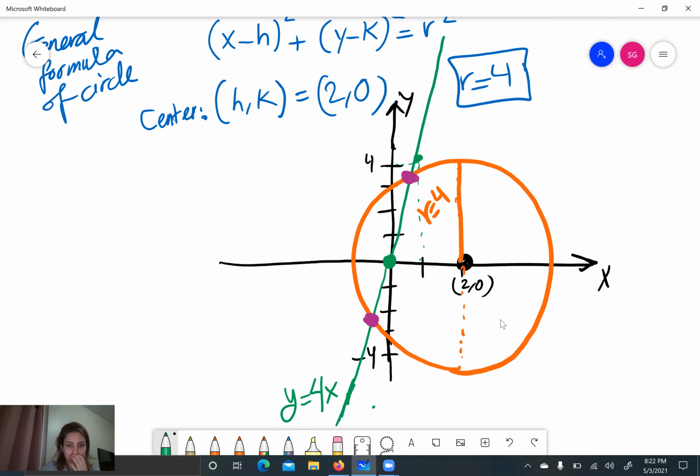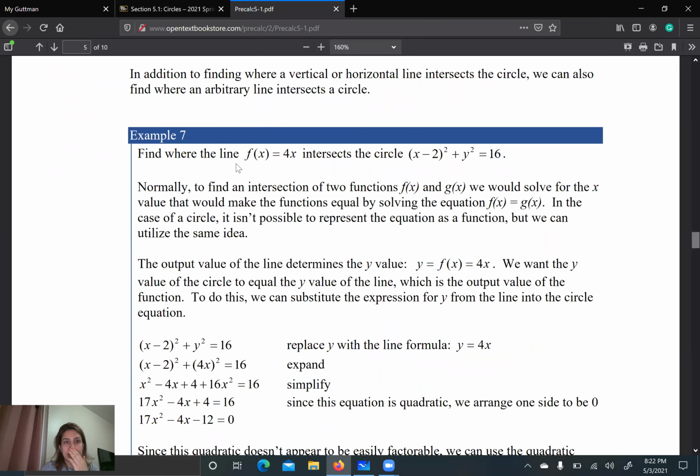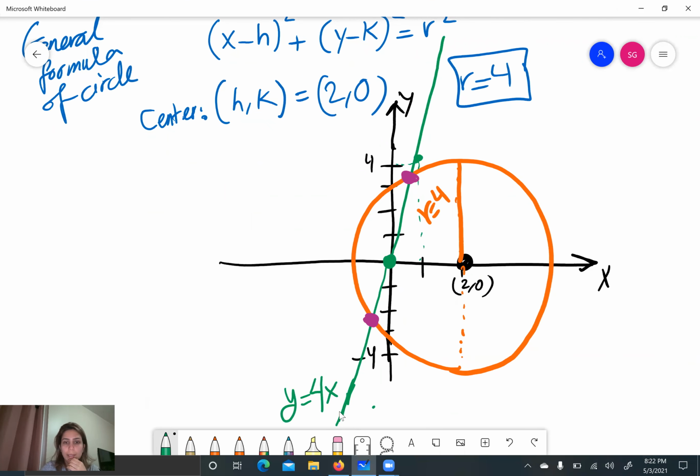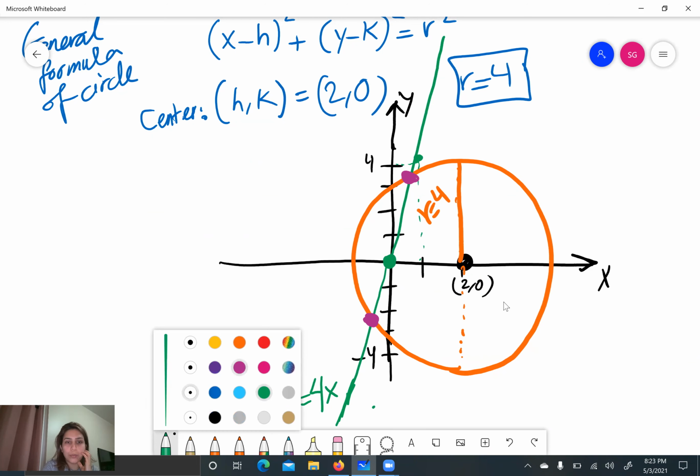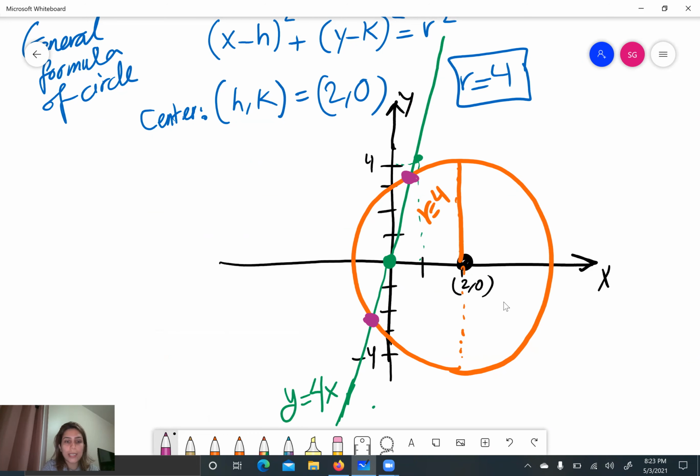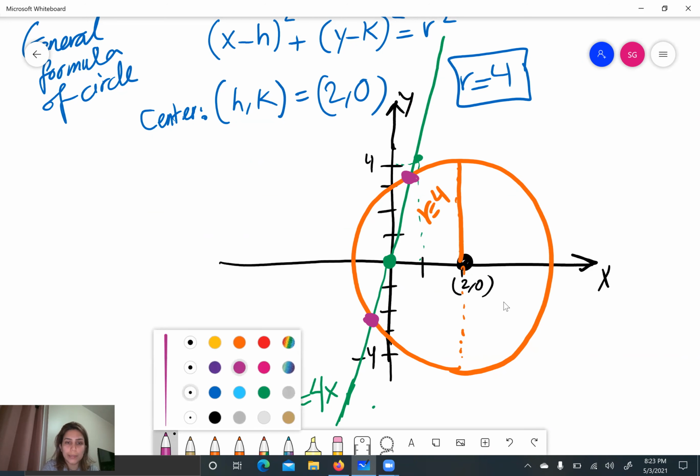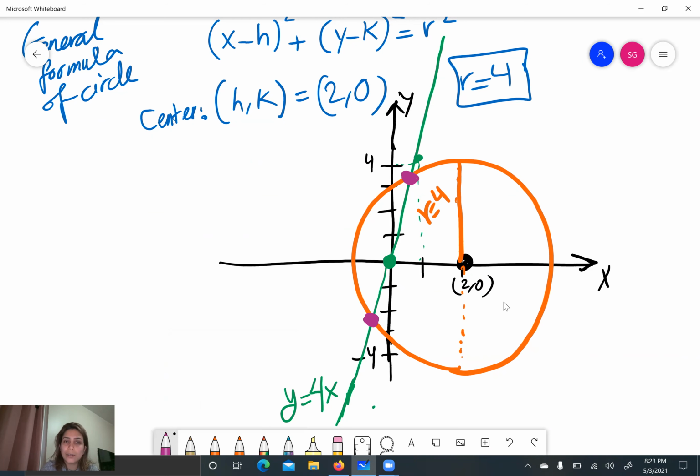The textbook says the line of 4x. So the green one is the line y = 4x, and the orange one is the circle. Graphically, we can see that they intersect at 2 points. The question is, what are those 2 points? That's it. The question is about these 2 intersection points.